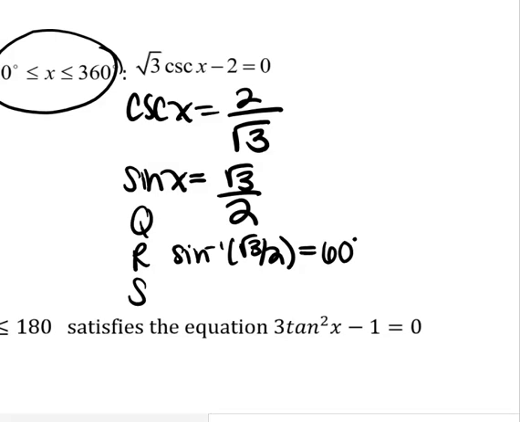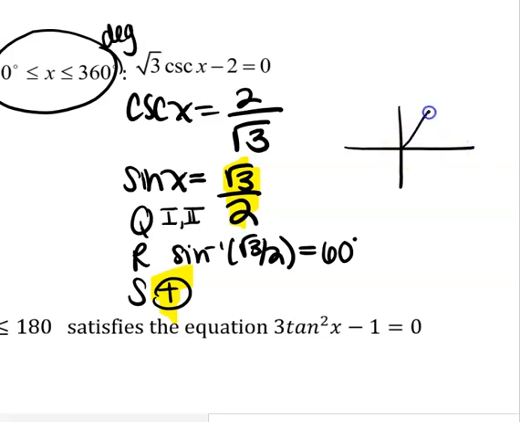Now, again, this is a positive radical 3 over 2 when you guys look at this number. That's why I'm getting positive. It's a positive value. So if you think about your ASTC chart, I know sine is positive in quadrants 1 and 2. So, looking between 0 and 360 degrees, I'm going to take that 60 degree angle and put them in quadrant 1 and quadrant 2.